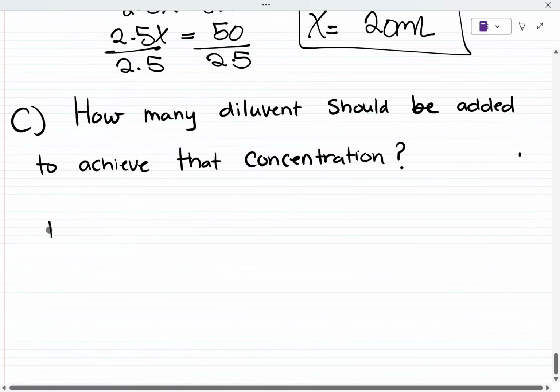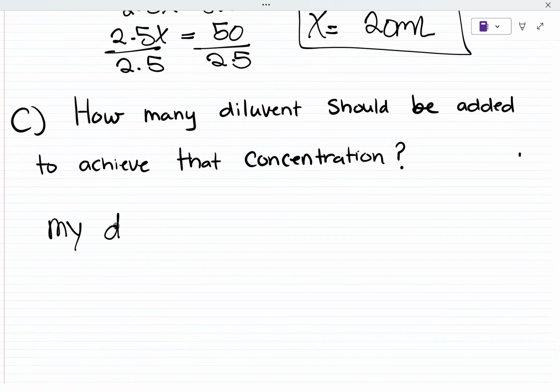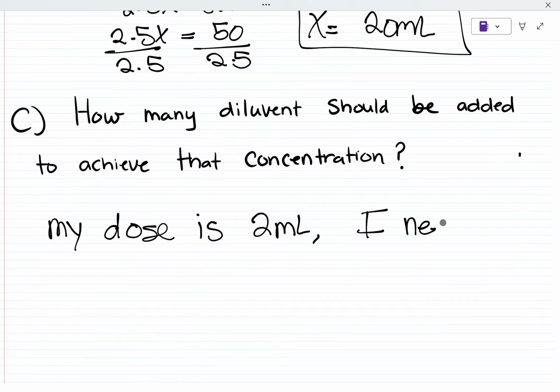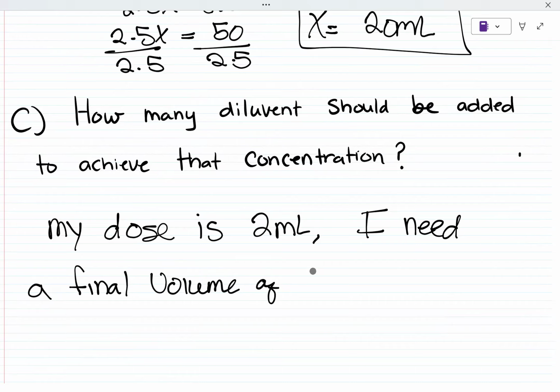So let me write this down. My dose from part A was 2 milliliters. So my dose is 2 milliliters. I need a final dose or a final volume of 20 milliliters, right?